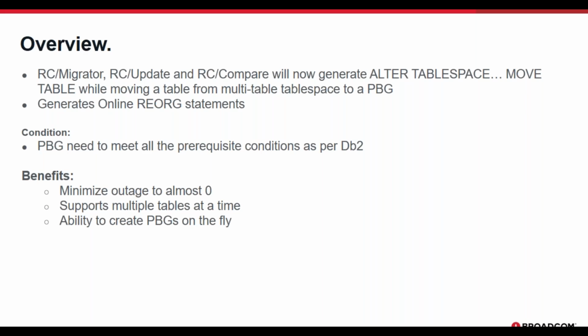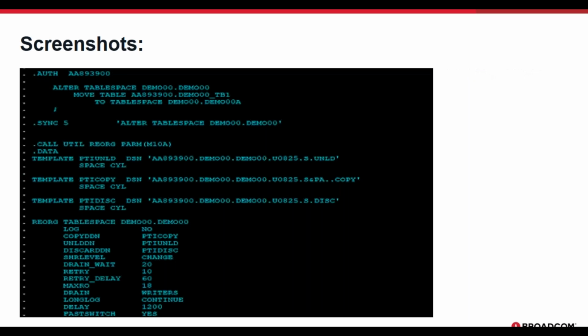The benefits of this one are minimizing the outage to almost zero, supporting multiple tables at a time, and the ability to create PBGs on the fly. In the next slide, I have provided a sample screenshot generated by the product.